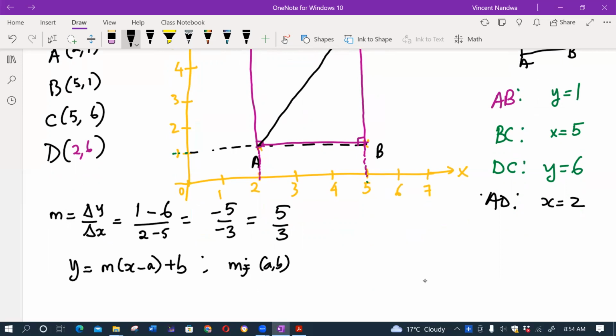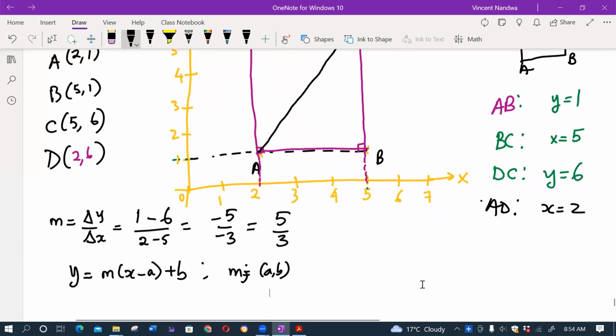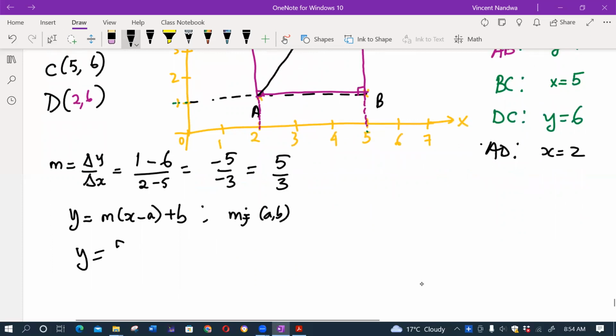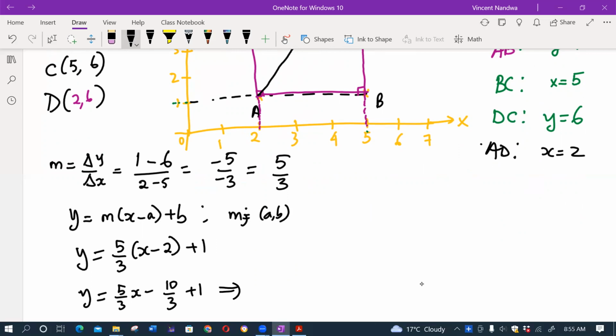Using point A, whose coordinates are 2, 1, I'll have y equals 5 over 3 (x minus 2) plus 1. So y equals 5 over 3 x minus 10 over 3 plus 1, and minus 10 over 3 plus 1 gives minus 7 over 3. So this will be the equation of that given line.